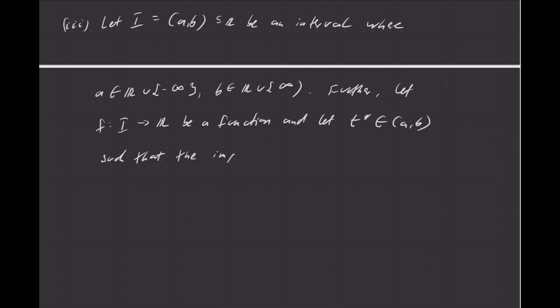the two improper integrals, let me split this thing up at t star, so the improper integrals from a to t star of f of x dx and from t star to b of f of x dx, such that those two exist.